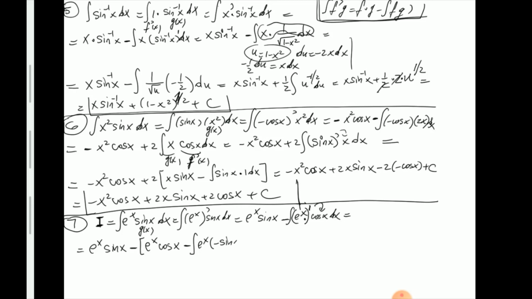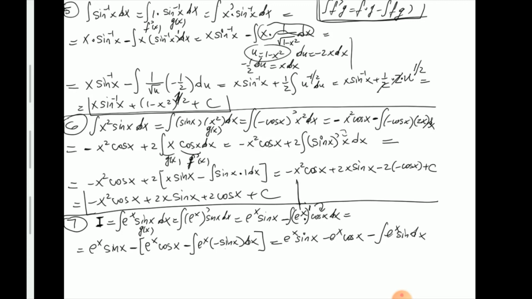So that's going to be minus sine of x dx. So let's clean up a little bit these terms. So e to the x sine of x minus e to the x cosine of x. Then it's going to be minus minus minus. That's minus integral of e to the x sine of x dx.